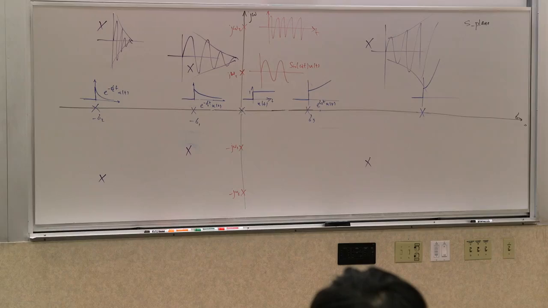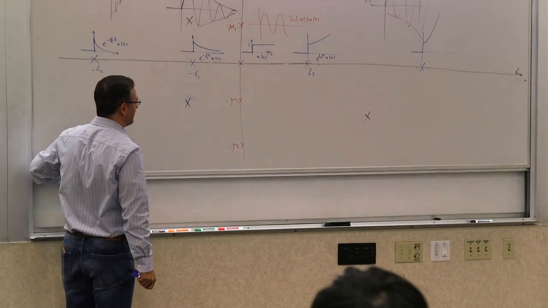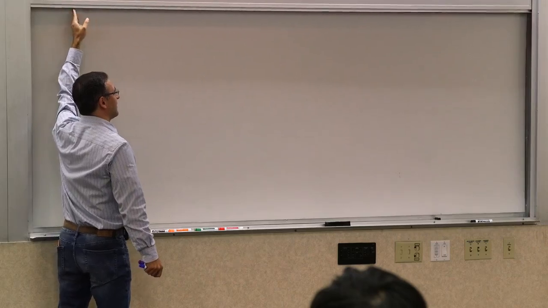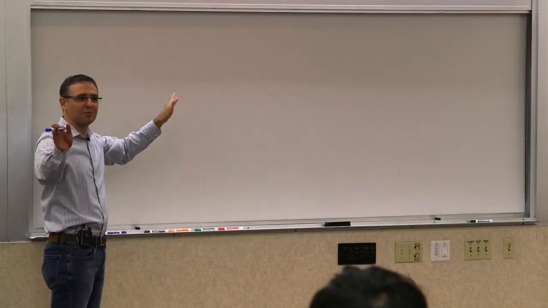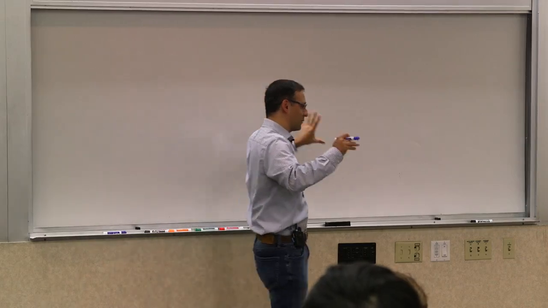Okay, so now we're going to do a simple aside. We'll talk about it later, but this is just a simple thing. Imagine, this is completely different from that apparently, but it will come in.